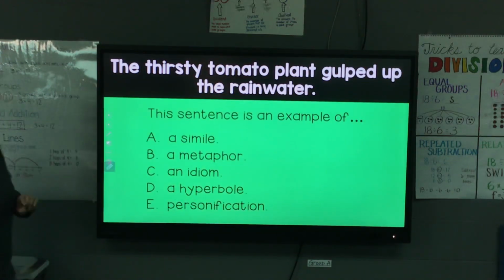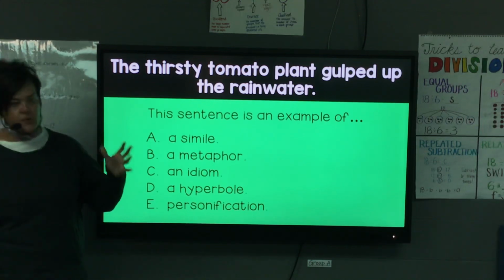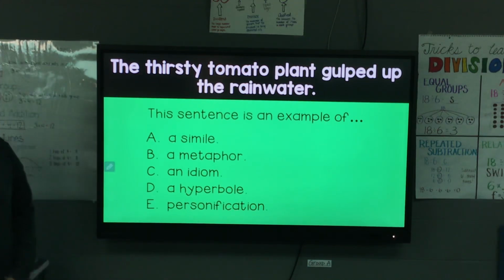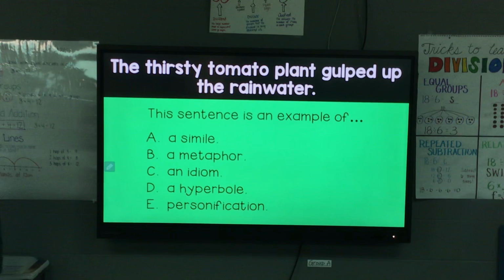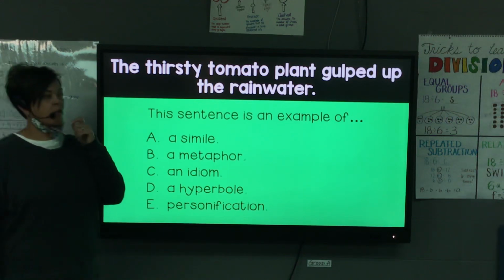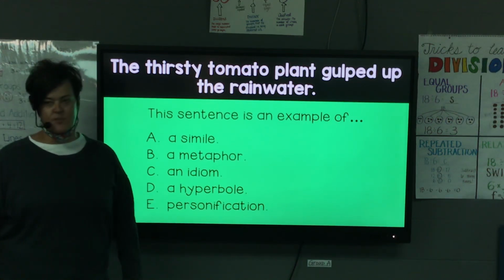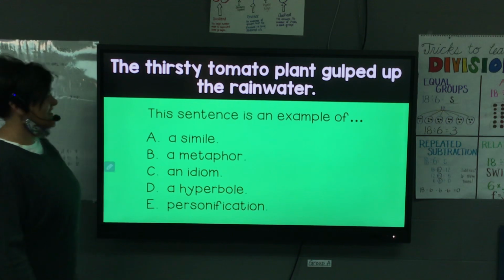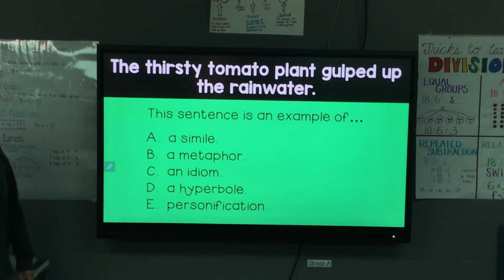Let's try another one. The thirsty tomato plant gulped up the rainwater. Think about this. Is a tomato plant going to be drinking its water? So what is that one?